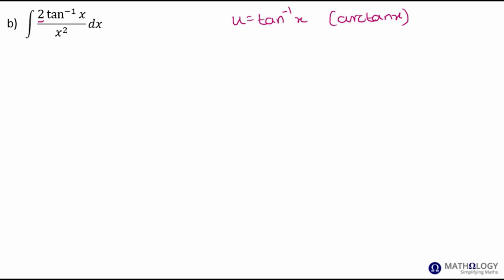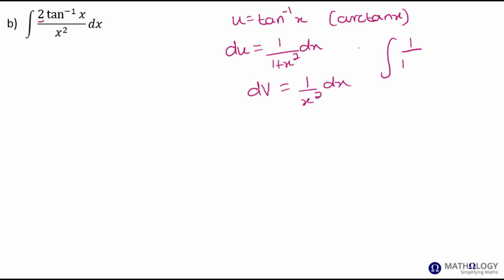So dv is going to be everything else inside this integral, which is 1 over x squared dx. du, the derivative of tan to the minus 1 x, will be 1 over 1 plus x squared dx. We know the integral of 1 over 1 plus x squared dx is tan to the minus 1 x.